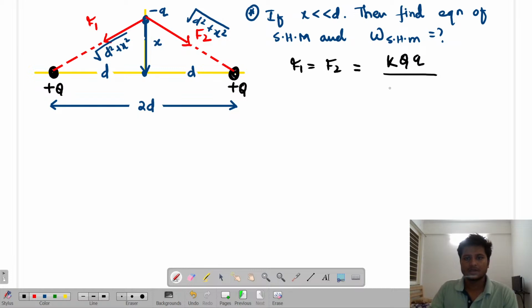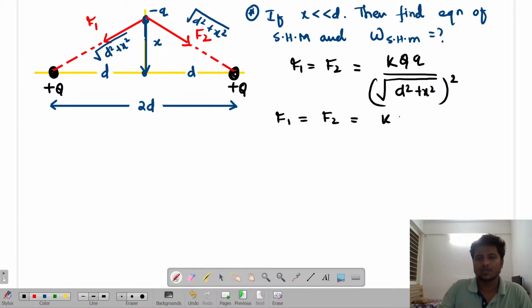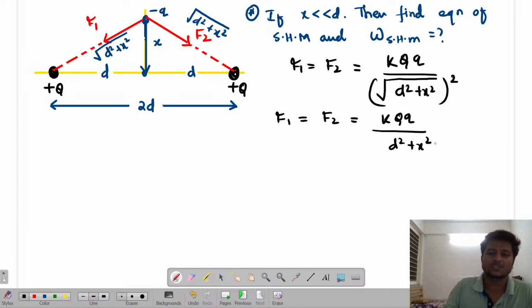Okay, divided by root under d square plus x square, whole square. So we got the F1 and F2 equation, that F1 is exactly equal to F2, which is equal to K capital Q small q divided by d square plus x square.